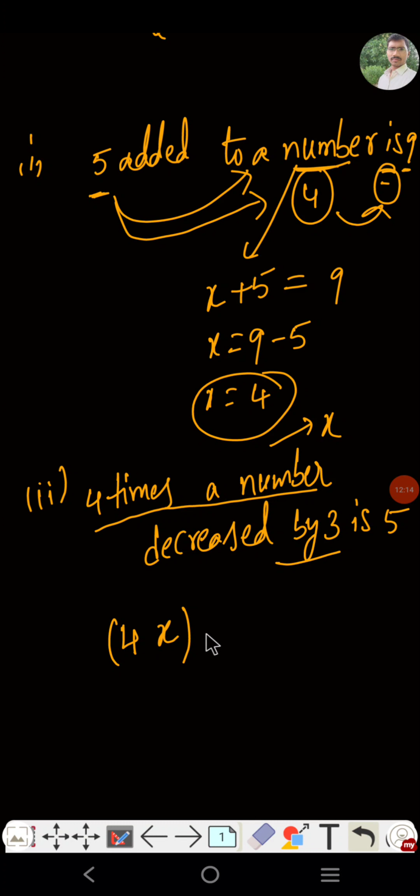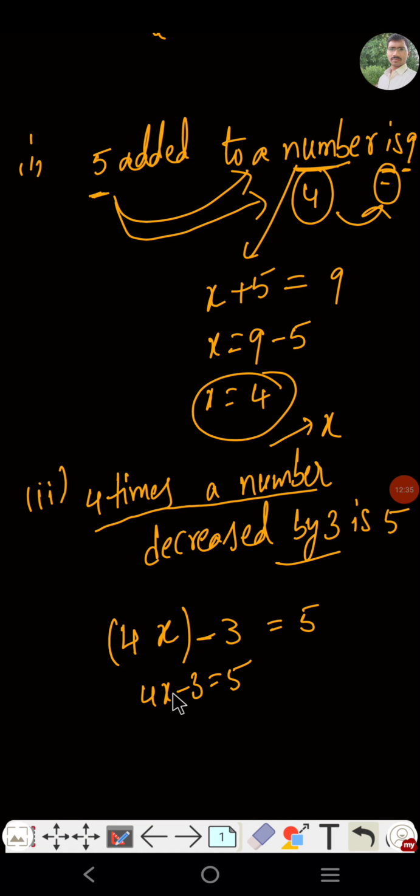How much are we decreasing? 3. That means minus 3. And is means what? Is equal to. The total result is 5. That means when you decrease 3 from 4 times a number, the result is 5. That means 4x minus 3 is equal to 5.